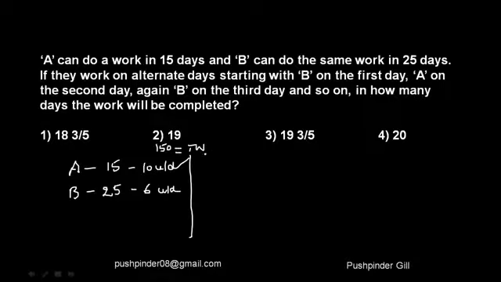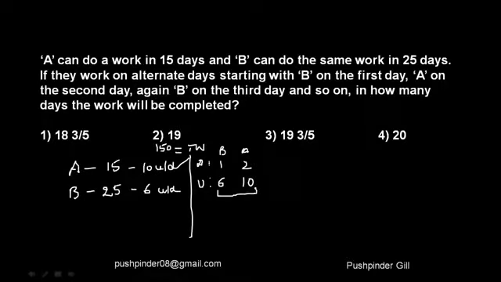Let's see. Now these are days and these are units. Fine. Now on the first day, B starts the work. That means B finishes 6 units. On the second day, A works, which means that A finishes 10 units.